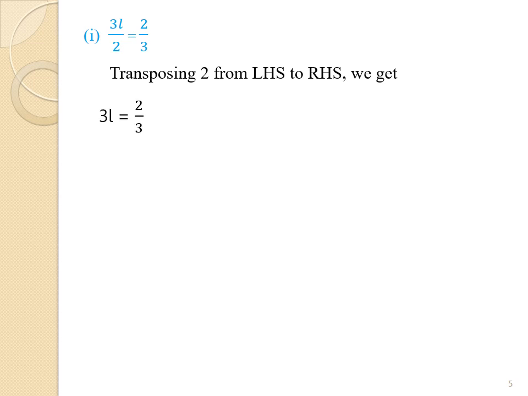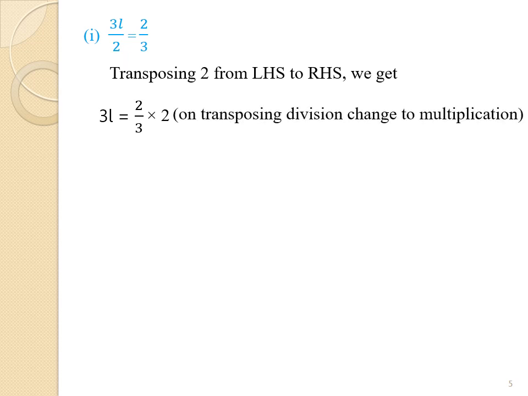On transposing, division changed to multiplication. Now, multiplying a numerator 2 by a whole number 2 and keeping the denominator 3 as it is, we get 3L equals 4 upon 3.